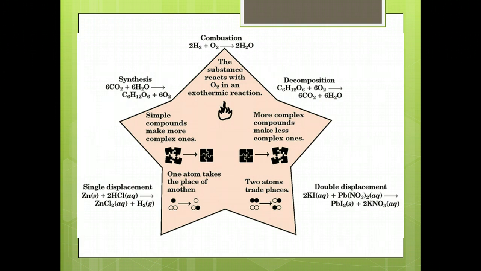Okay, so how can we figure out what's going on? Well, this is a nice little diagram. This is in your book. And it shows us kind of all of our different possibilities. And so let's look at a way of thinking through what kind of reaction this might be.